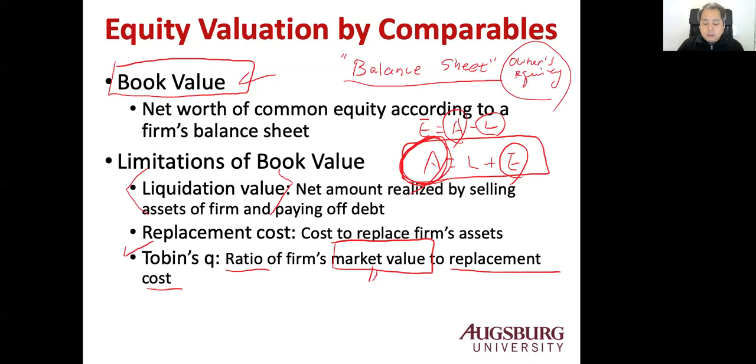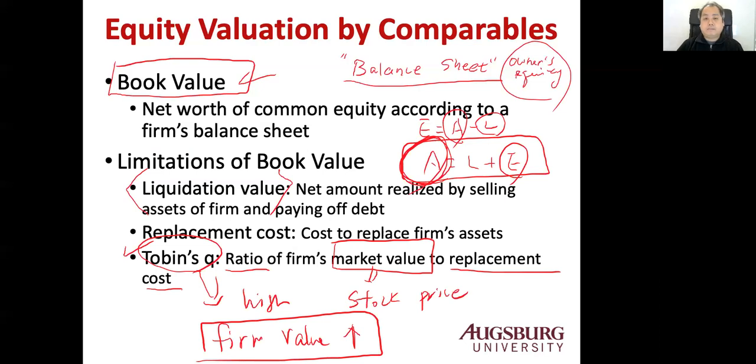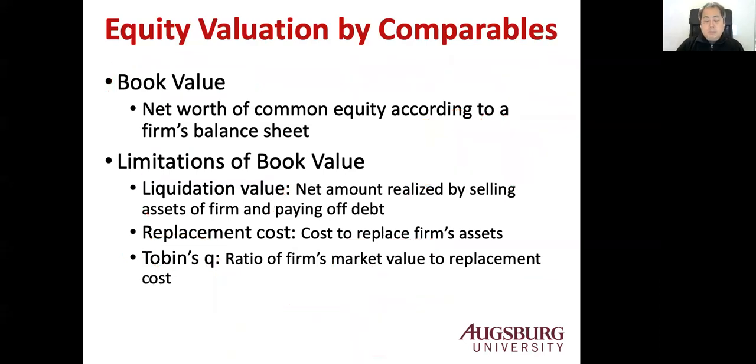This market value is actually the stock price. So if Tobin's Q is high, then the firm value is high. But we don't really use the book value of equity when we want to find the true value of equity.